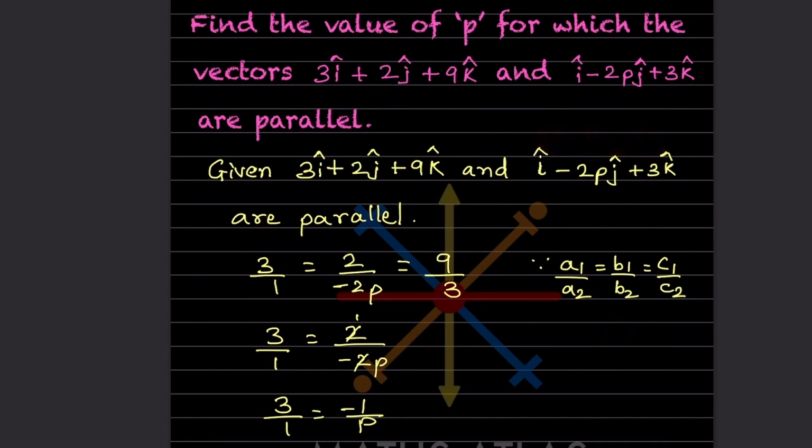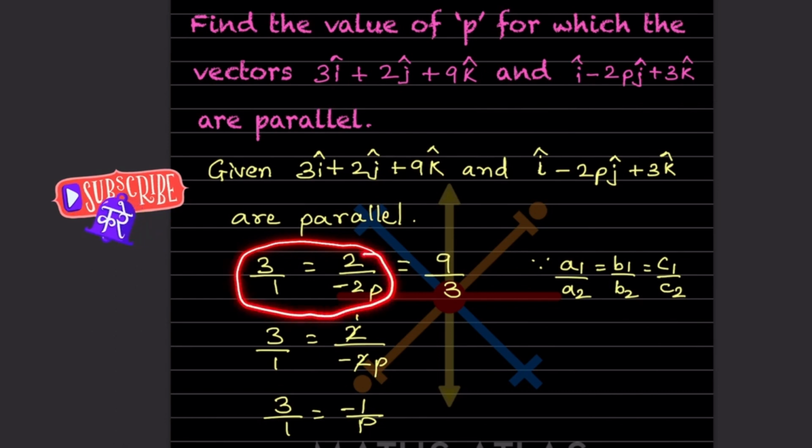So now you look at the coefficients. Now here 3 by, here nothing means it is going to be 1. So you are going to write 3 by 1. Now look at here plus 2 and this is minus 2p because this is the j. So minus 2p. Now here you will write plus 9 and plus 3. So you will write here 9 divided by 3. So now let us take these two together. So now what will you do? 3 divided by 1 is equal to 2 divided by minus 2p.